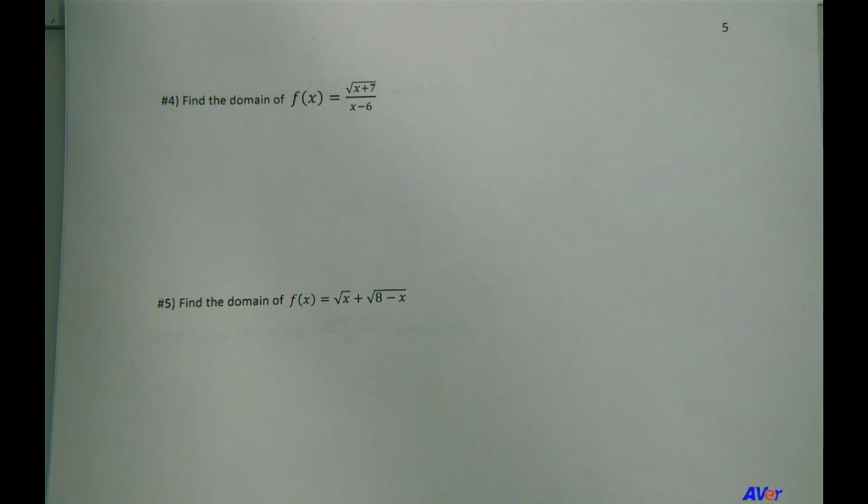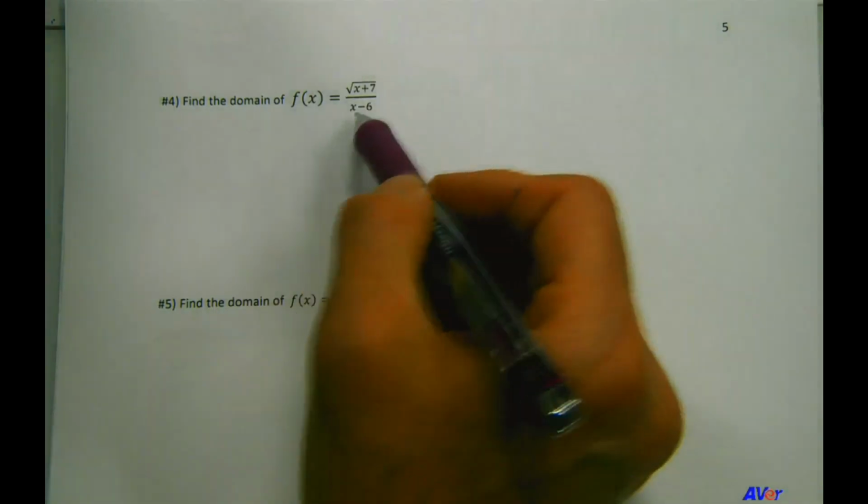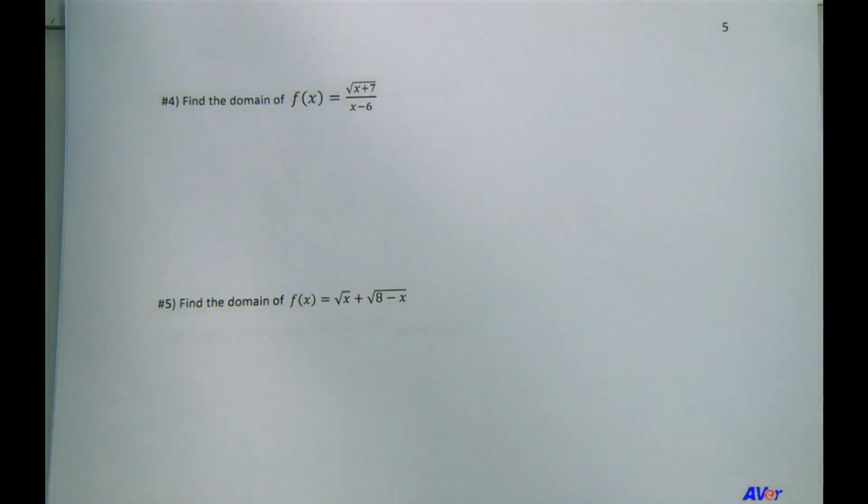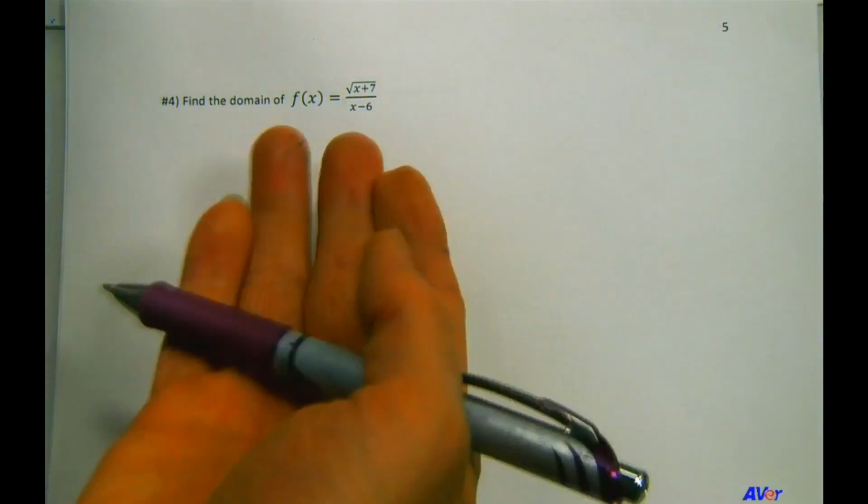But here, there's no mention of the parent functions, right? We're just finding the domain of a single function. There's no parent function involved here. So for that reason, we don't have to compare the domain of this with the domains of any parent functions. We can just go ahead and find the domain of this rational function. Let's do it.